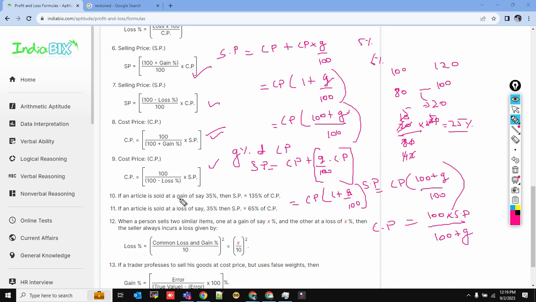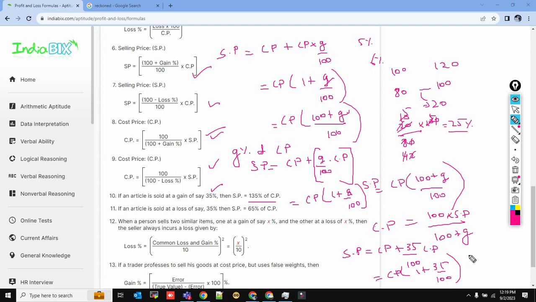And suppose you are selling an article for a gain of 35 percentage, the selling price will be 135 percentage of cost price, right? It's very simple. Selling price is cost price plus 35 percentage of cost price. If you take cost price common, 1 plus 35 by 100.